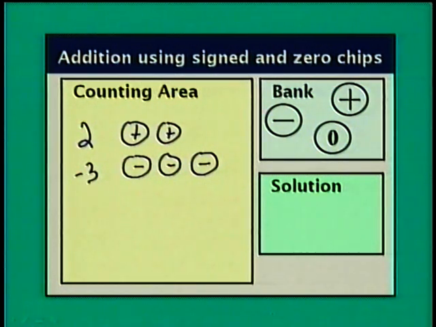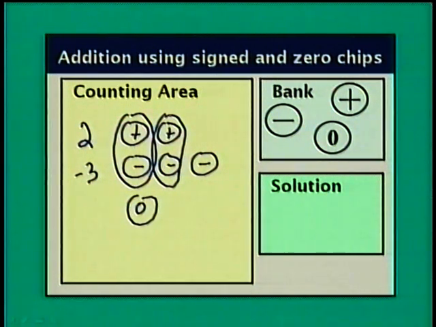So right now, if I was modeling 2 plus negative 3, I could replace this pair of positive and negative chips with the 0 chip, and this pair of positive and negative chips with the 0 chip. And we all know that adding 0 doesn't change the result on the sum, so I could take these 2 0 chips and move them right back to the bank.